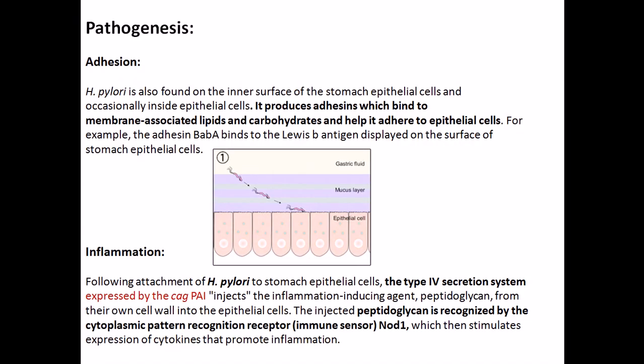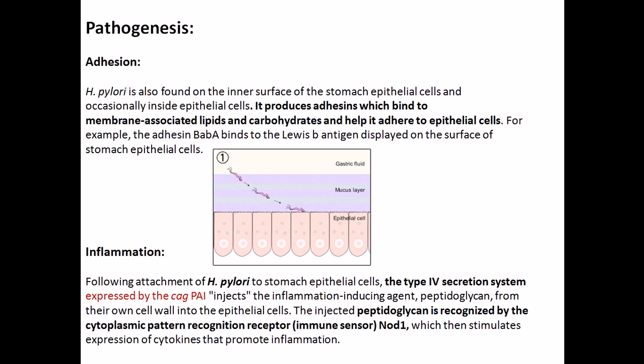Now let's talk about major sections of the pathogenicity. First is adhesion. Now for the adhesion of the Helicobacter pylori, it needs to have carbohydrate on the surface of the host cell membrane. So it usually interacts with host cell carbohydrates and lipids using certain adhesin molecules.